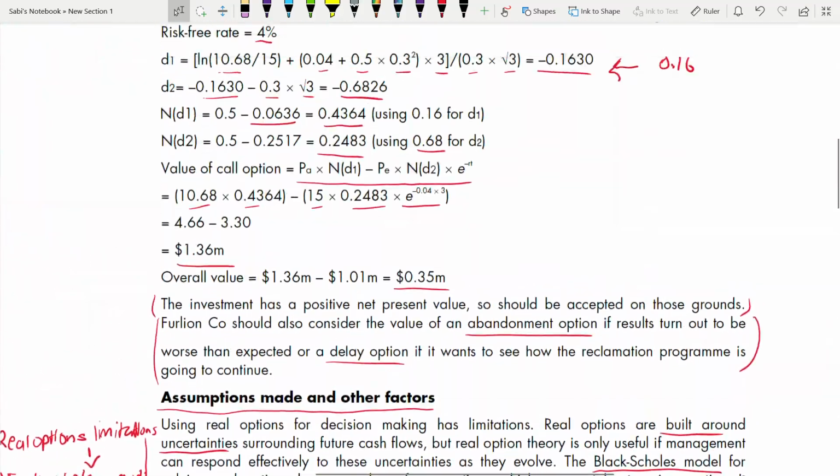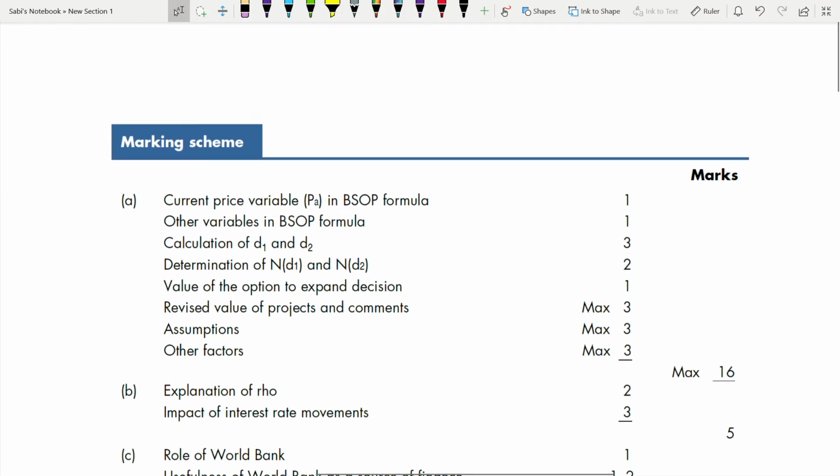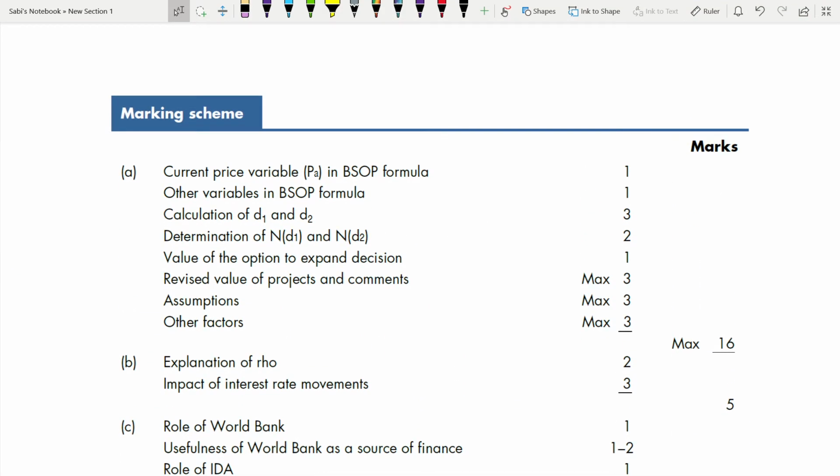So that's it for this first requirement. Now I will take you to the marking scheme and show you how it is marked. Only look at part A. Forget about the rest. Part A, 1 mark for calculating that PA. Remember, we used a discount factor, discounted, multiplied that by 15 million. For that whole thing, 1 mark. Other variables, 1 mark.